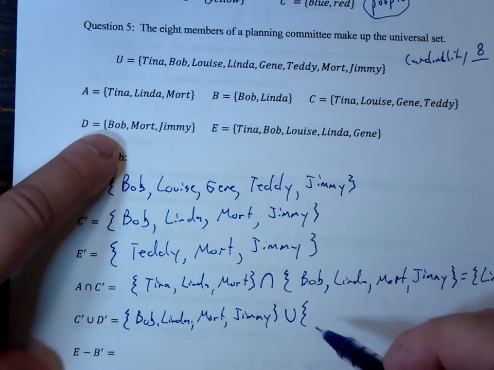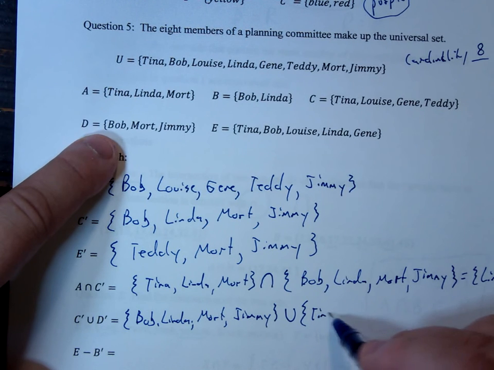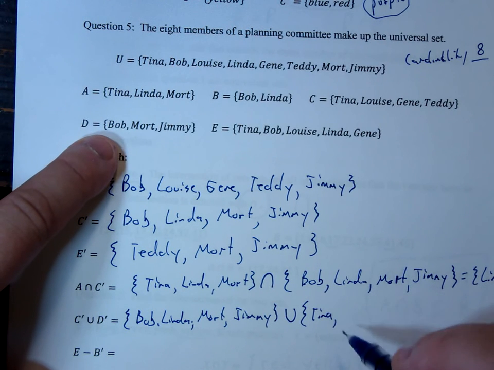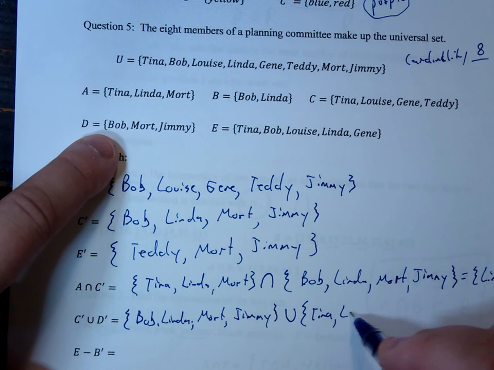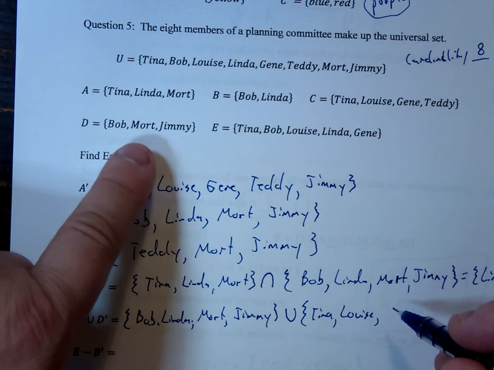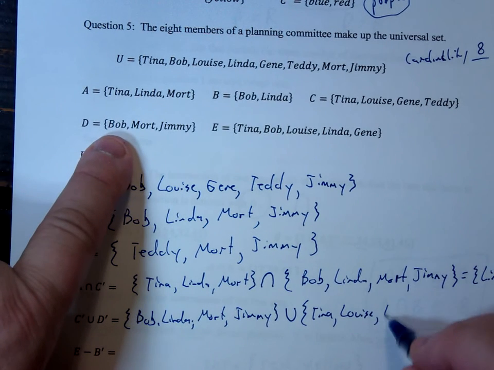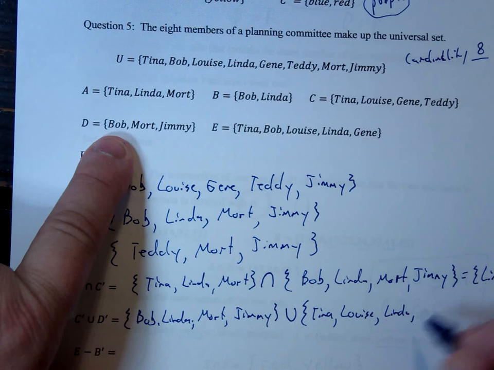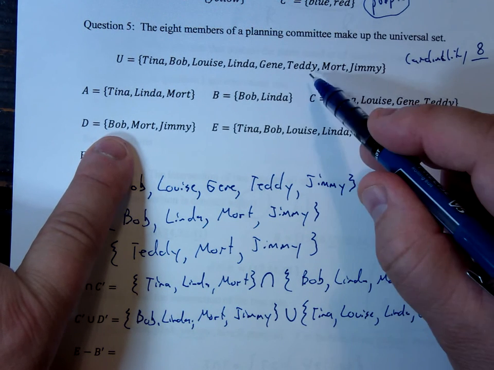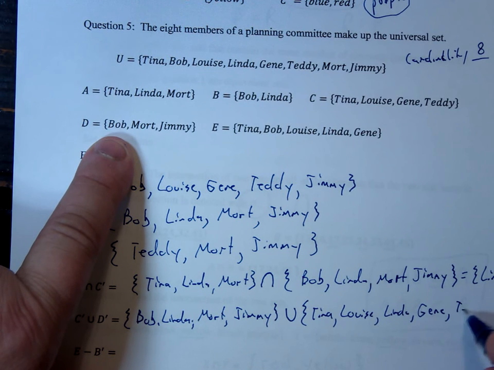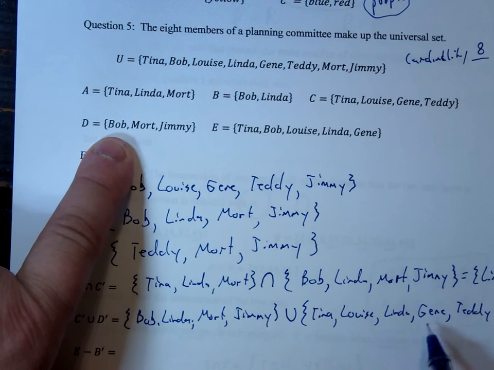Tina is not in D. Bob is. Louise is not. Linda is not. Jean is not. Teddy is not. Mort and Jimmy are, so that should be our 1, 2, 3, 4, 5 that are in D prime.